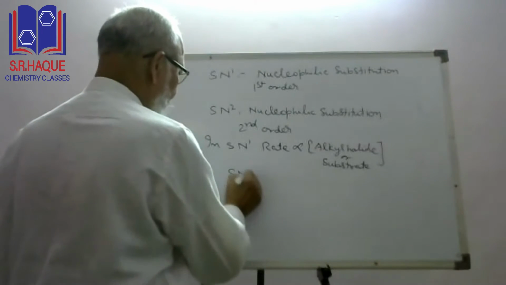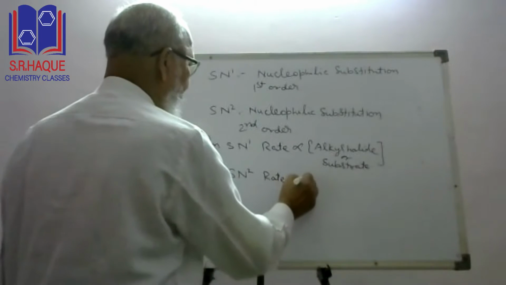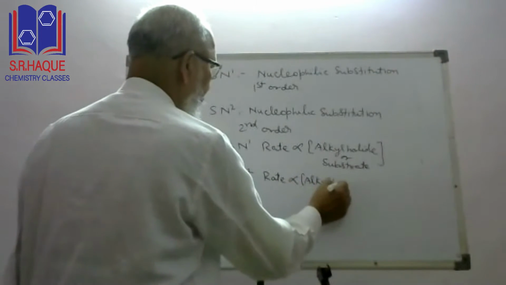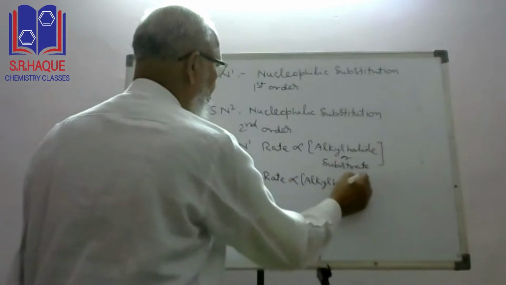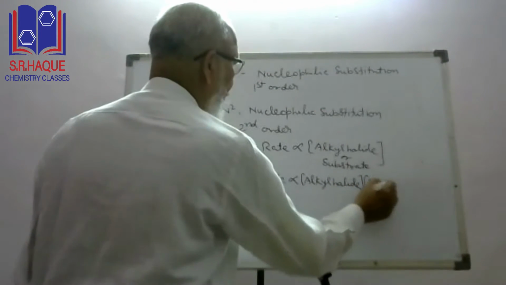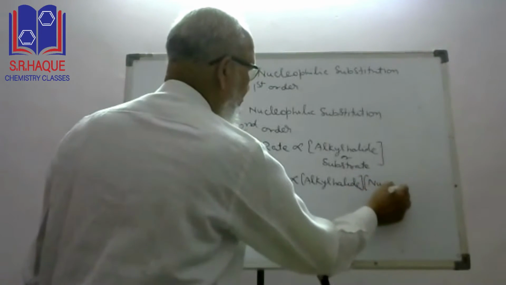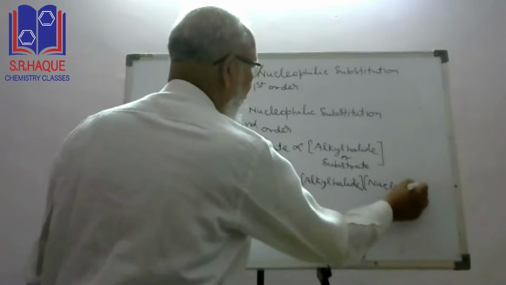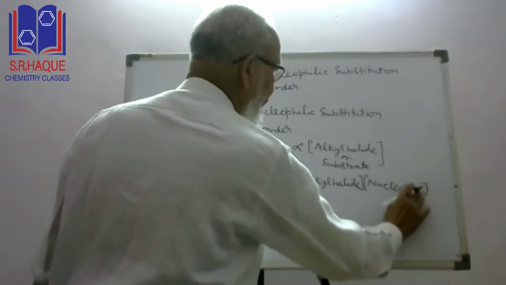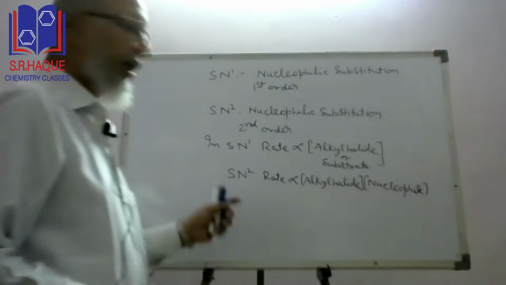In SN2, rate is directly proportional to concentration of alkyl halide as well as concentration of nucleophile. That is, two molecules are involved in the rate determining step. That's why it is called SN2 reaction.